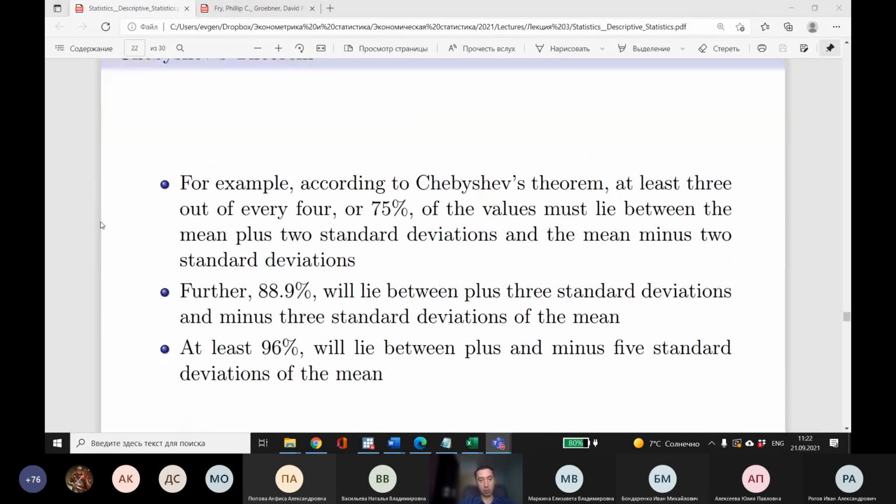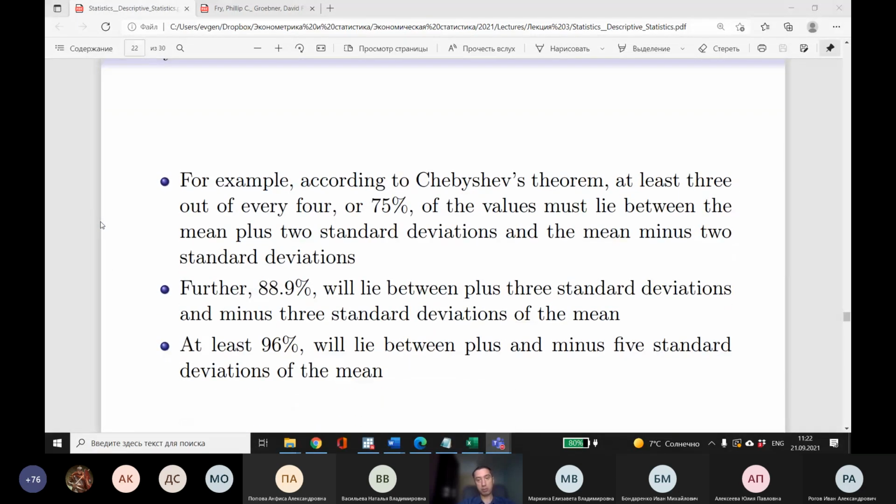How does it look? For example, according to the Chebyshev theorem, at least 3 out of every 4, or 75% of the values, must lie between the mean plus 2 standard deviations and the mean minus 2 standard deviations. I guess 75% of our data lie within plus minus 2 standard deviations from the mean.